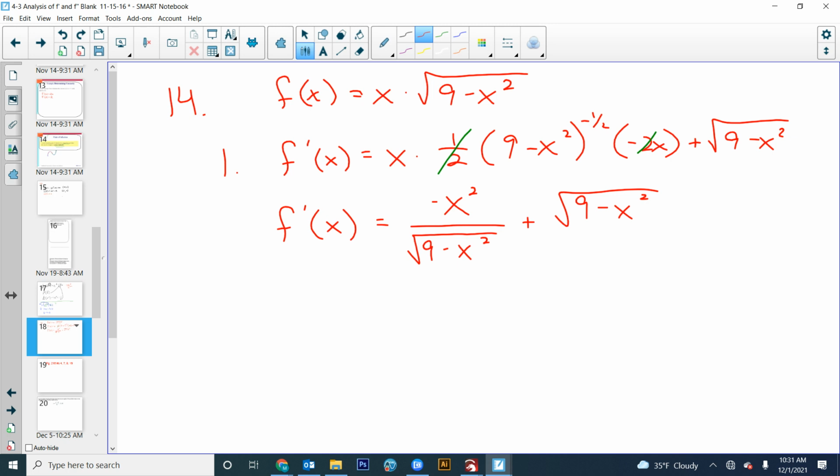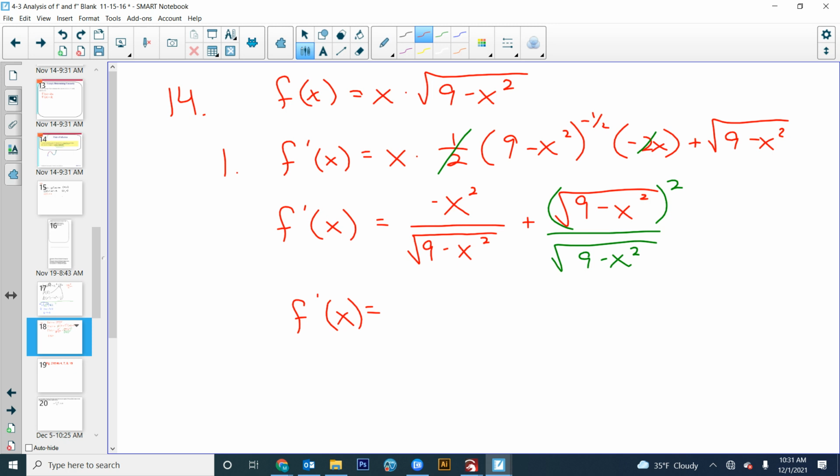Interesting. Now, before I take another derivative, I would probably write it as one fraction. Common denominators, which means I multiply by another factor of radical 9 minus x squared up top. And I end up getting f prime of x is negative x squared plus 9 minus x squared over the radical.